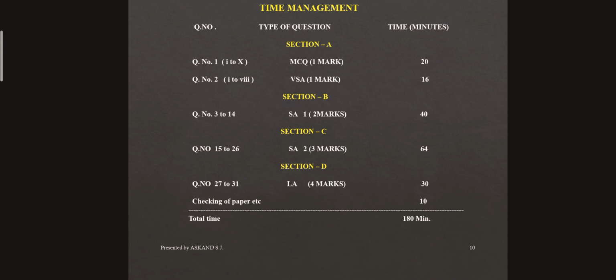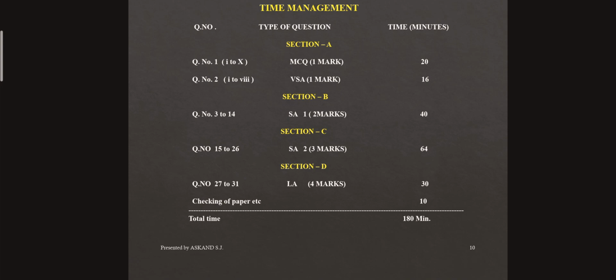Now time management. Once you have information about your question paper pattern, time management is also important, because you have 4 sections and 31 questions for 70 marks within 180 minutes, or 3 hours.